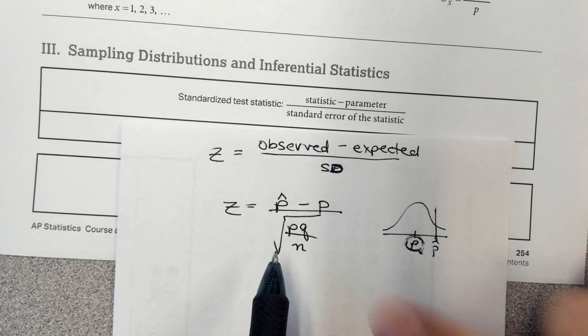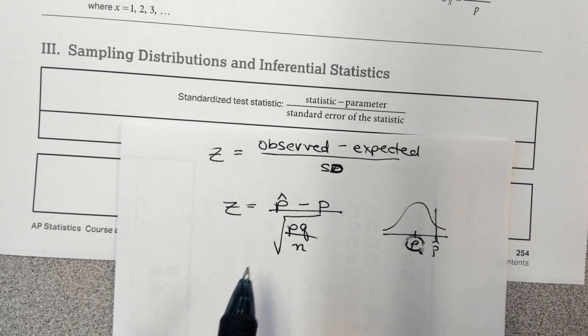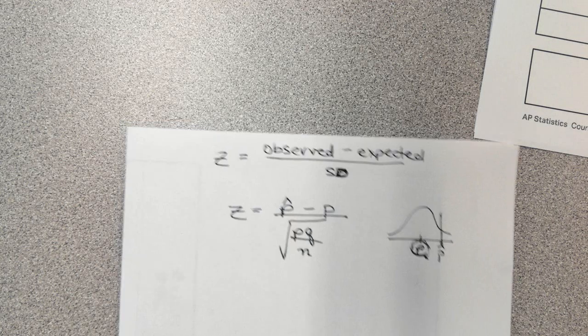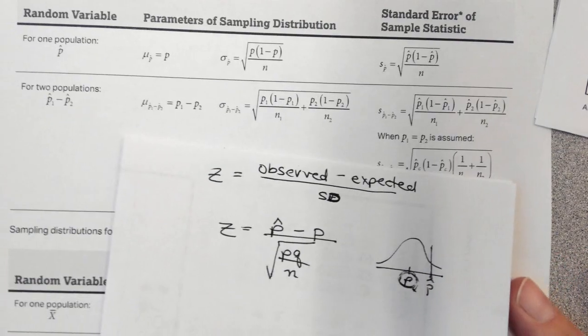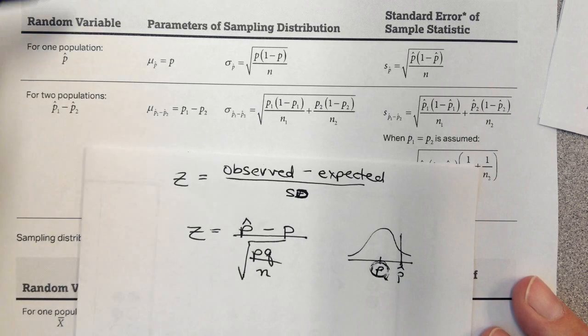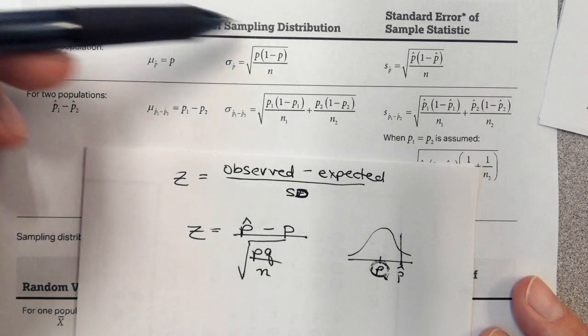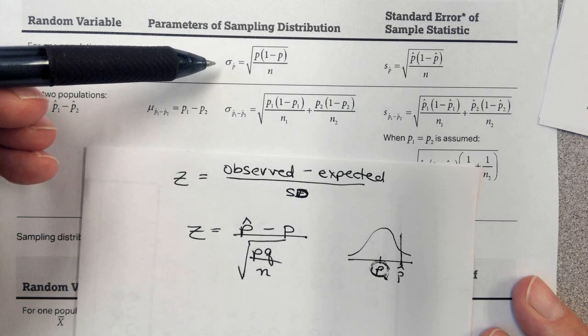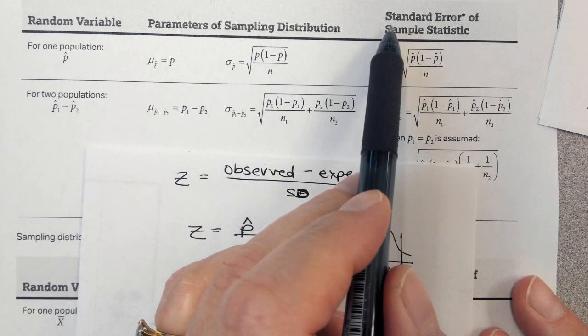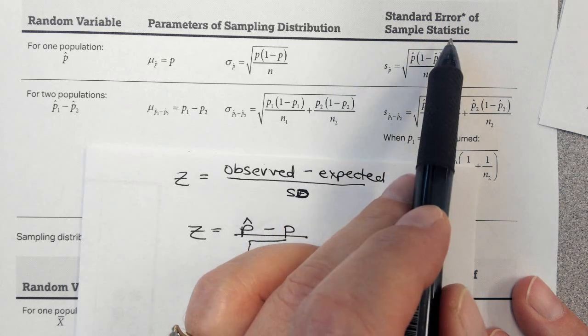Now, the standard deviation formulas are in this book. If you look on page 2, we've looked at it before, so we're going to pull it back out. At the top of the second page, you have random variables, parameters of the sampling distribution, so that's the mean and standard deviation, and then standard error of the sample statistic.